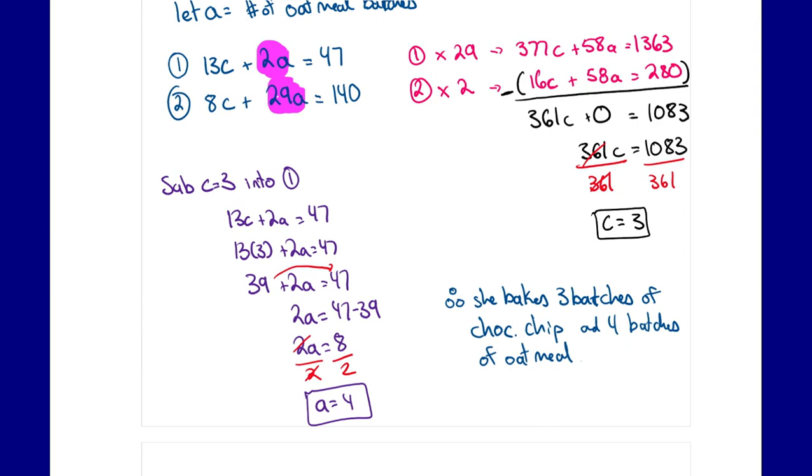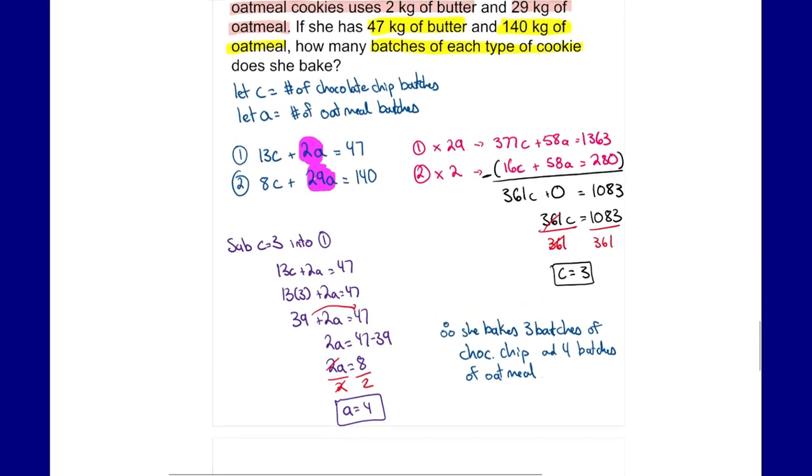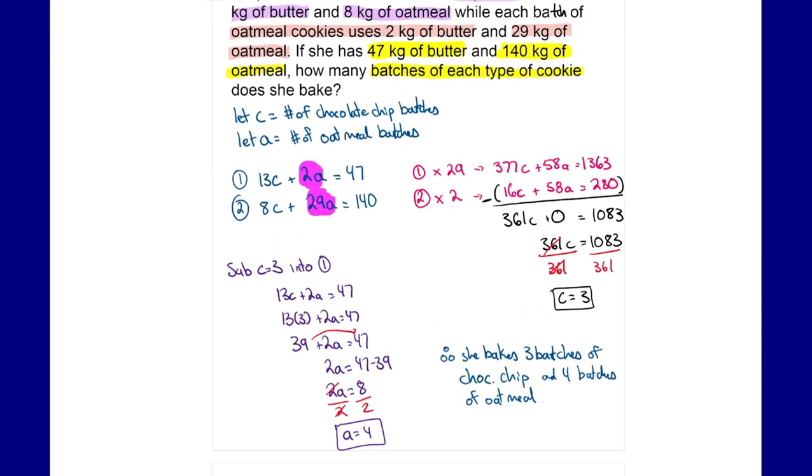So that's our last example, looking at solving by elimination. Again, the latter part of the process is very similar to solving by substitution, the idea of plugging a value back into one of the equations and solving for the other. The difference is, how do we find the value of a variable right off the bat or at the beginning?